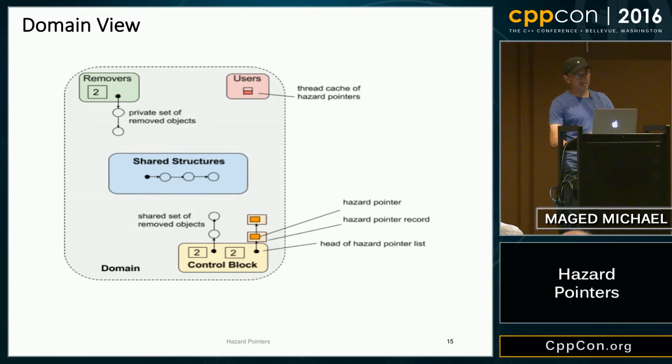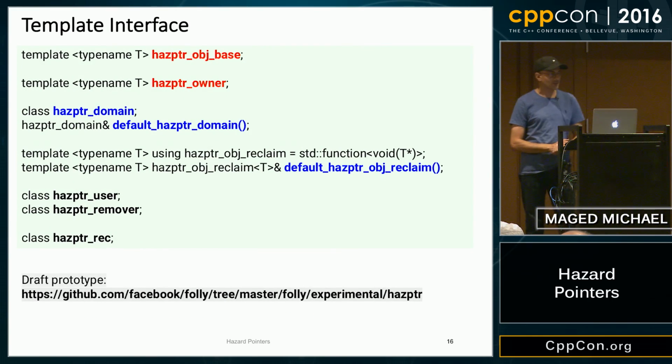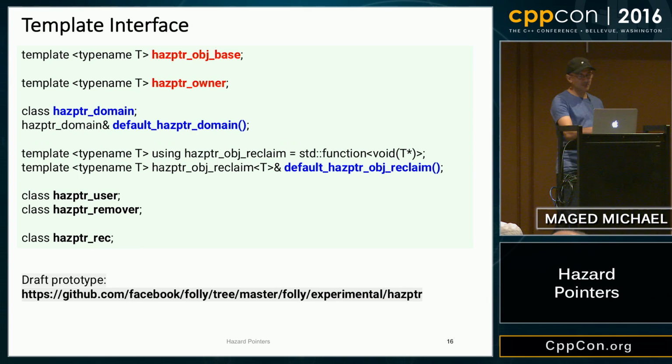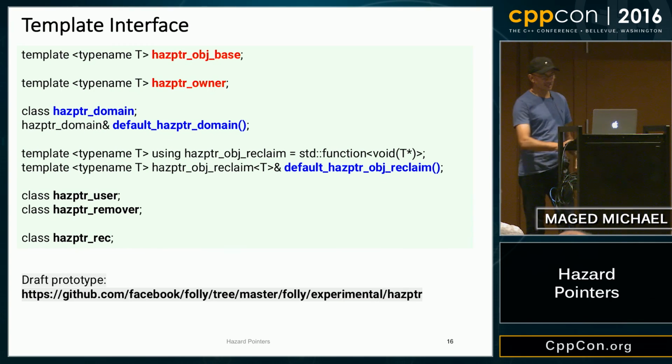So I'll skip this, and yeah, the template interface. There is a current snapshot of the interface that is public on GitHub under fully experimental. If the user doesn't do any customization, they really don't need to know about the whole interface.